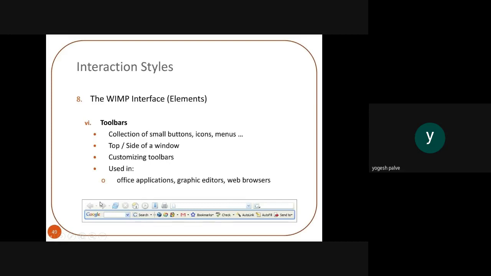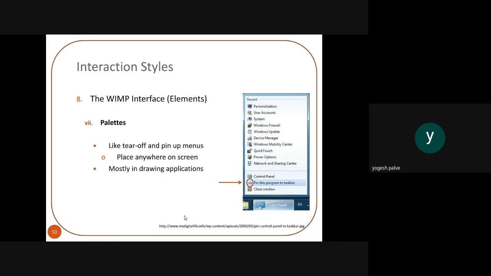Suppose the user wants to search something, he can just click over here and search. And suppose the user wants to use the mail, he can just click on this icon and the mailbox will be created. So as a developer, you have to develop such coding, so the user can click and another specific task will open in front of the user.